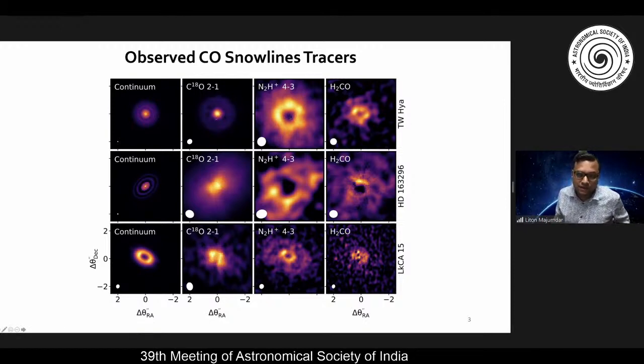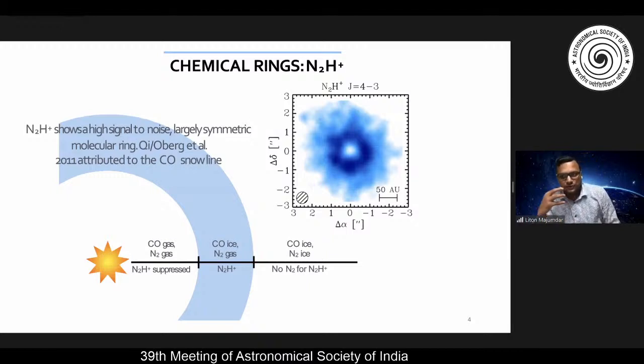That shows that if you have CO in the gas, you can destroy N2H+, and by that you can trace where your CO snow line is in this type of planet forming disk. So we can often define this region as chemical rings.